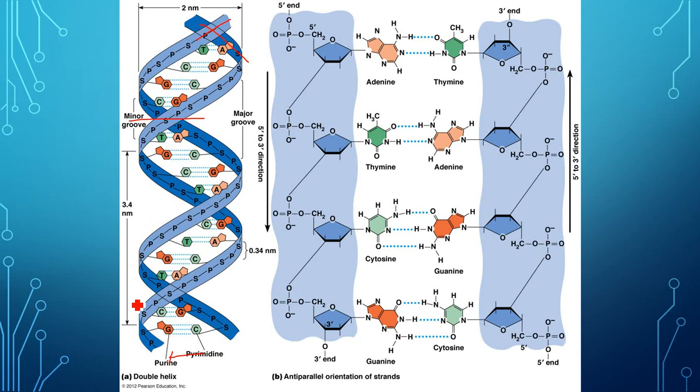The length of a single helix is about 3.4 nm or 34 angstrom. In one helix 10 base pairs are present, so the distance between each base pair is about 0.34 nm or 3.4 angstrom.